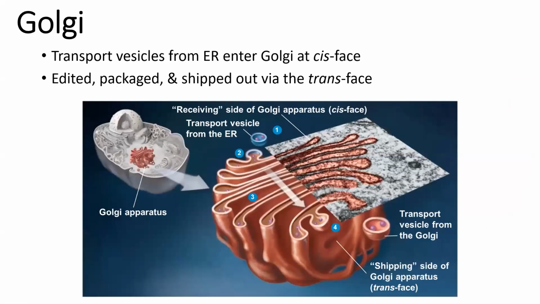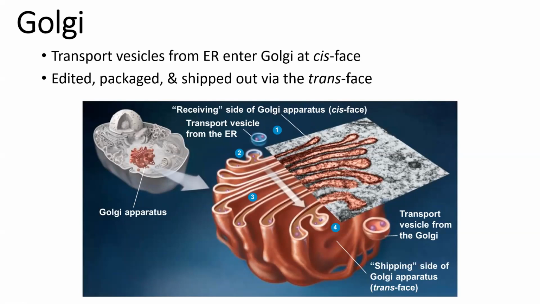All right, next we have the Golgi, or Golgi complex, or Golgi apparatus. Basically, the function is to take in vesicles that are carrying, for example, proteins. They have two faces. They have a cis face, which is the receiving end, and a trans face, which is the transport end.